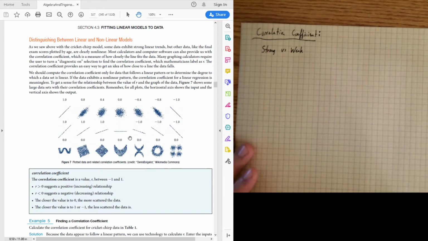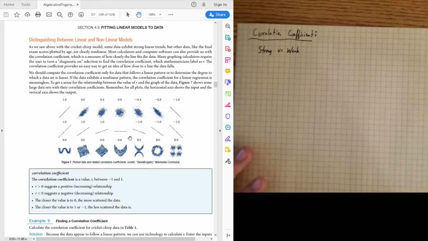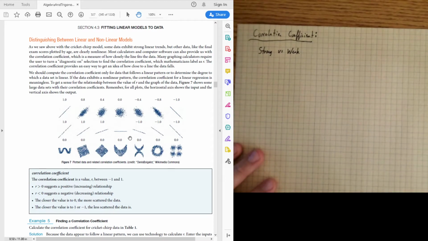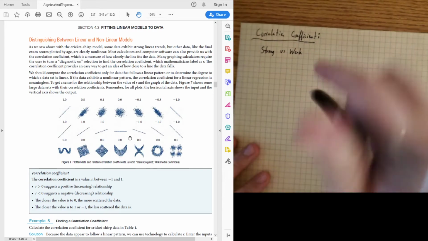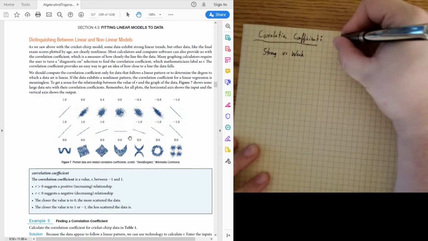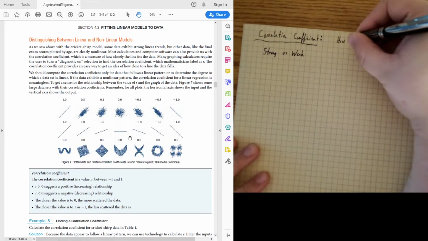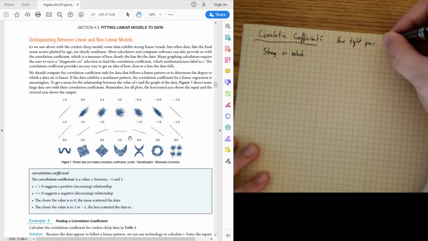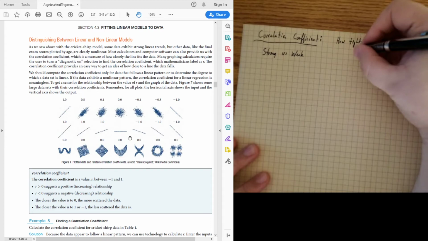And so in math, we don't really talk about strong versus weak. First, let's go ahead and define correlation coefficient. There's a definition here in the text. I like my definition. Correlation coefficient is how tight your data is to the line of best fit.